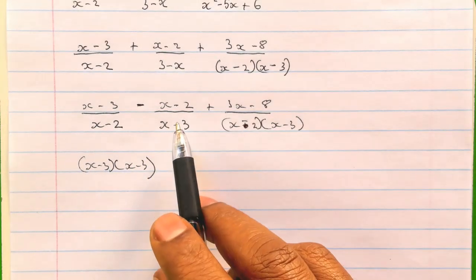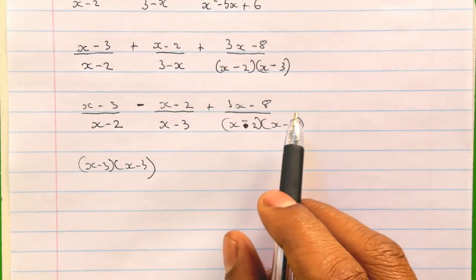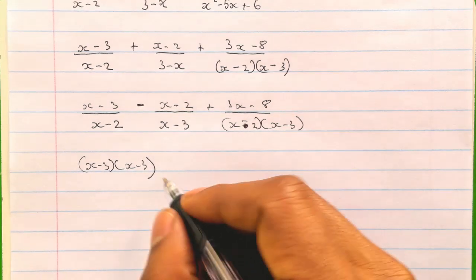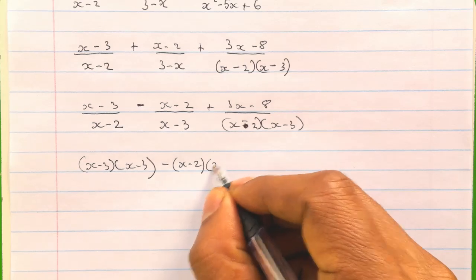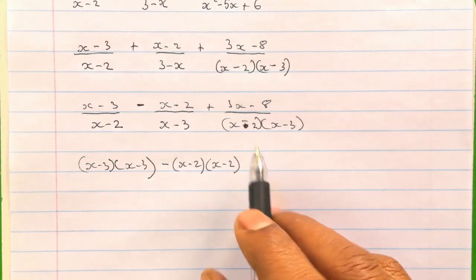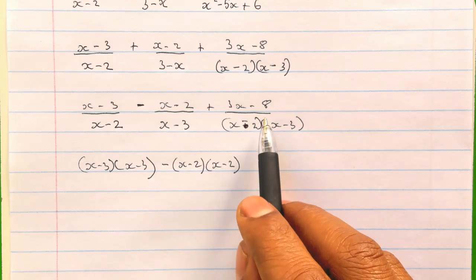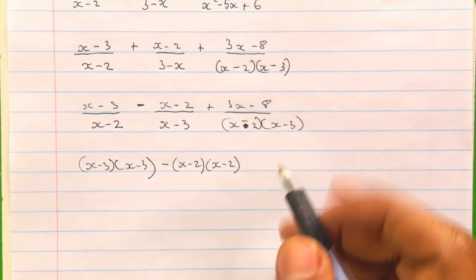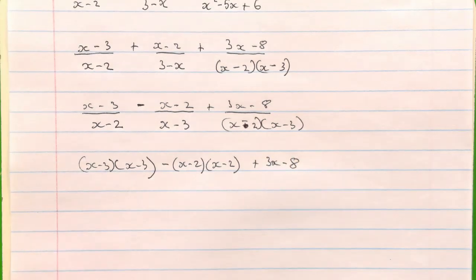Then when I get here, if I multiply, this will cancel that, so I'll be left with x minus 2, x minus 2. If I multiply this side by this LCD, both these will cancel. So the only thing that I will be left with will be 3x minus 8.